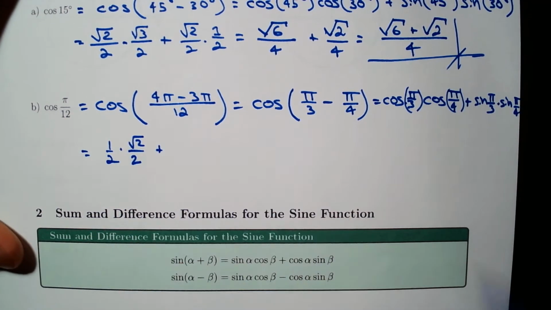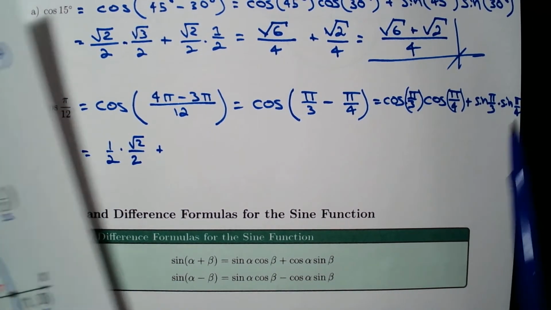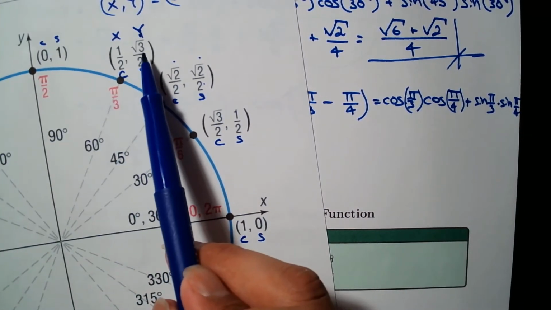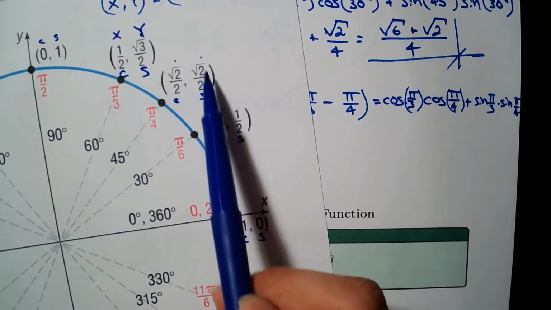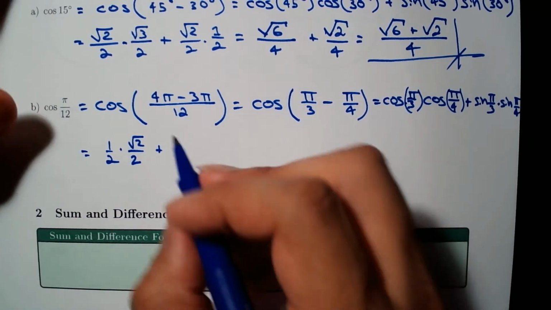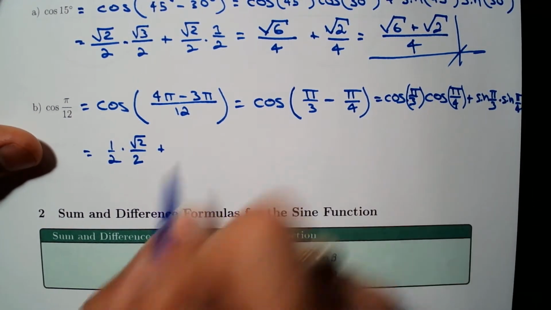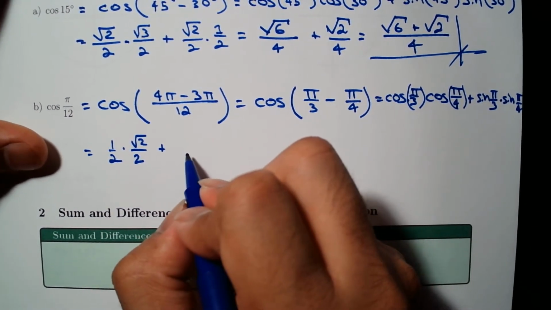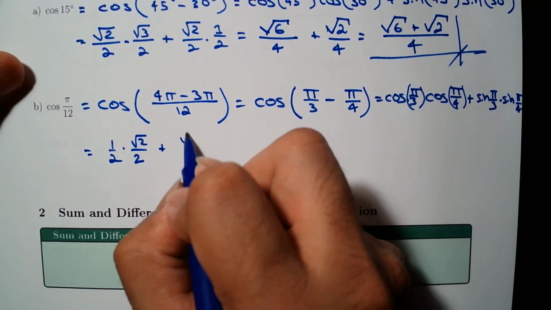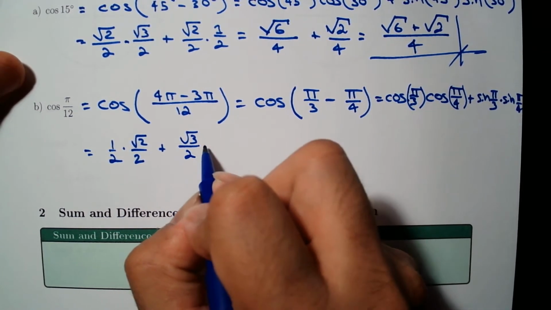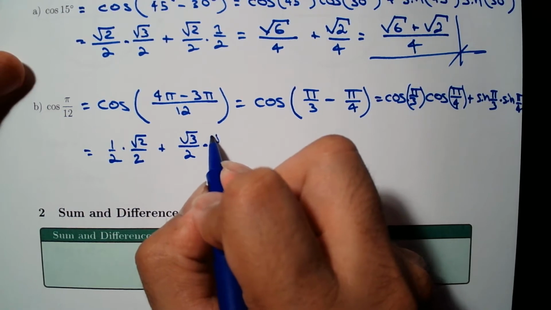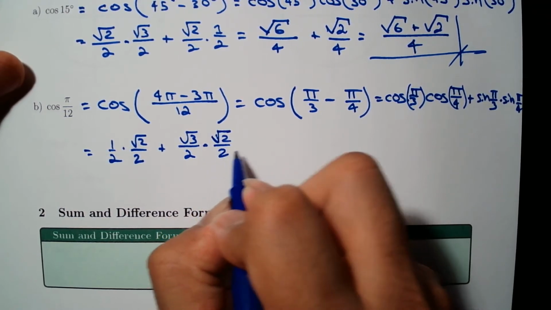And then plus sine pi over 3 times sine pi over 4, very similar to what we did in the previous example. Sine pi over 3 is root of 3 over 2, times root of 2 over 2.